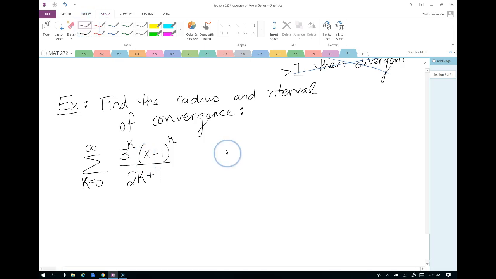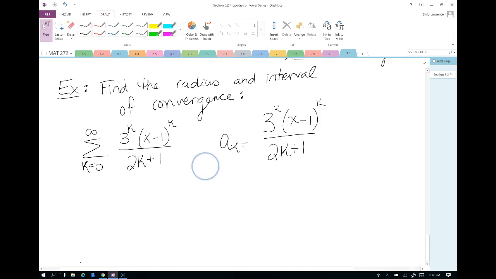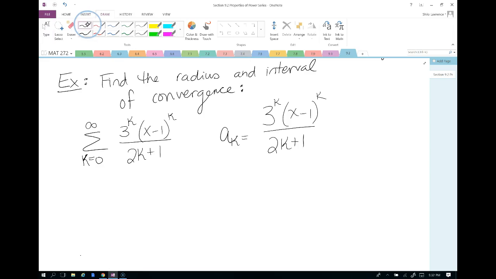And a sub k in our ratio test is exactly what we see inside of our series. So a sub k is 3 to the k times x minus 1 to the k all over 2k plus 1. And then remember, the ratio test wants us to set up and simplify the ratio of a sub k plus 1 over a sub k. So now we need to know what a sub k plus 1 is.